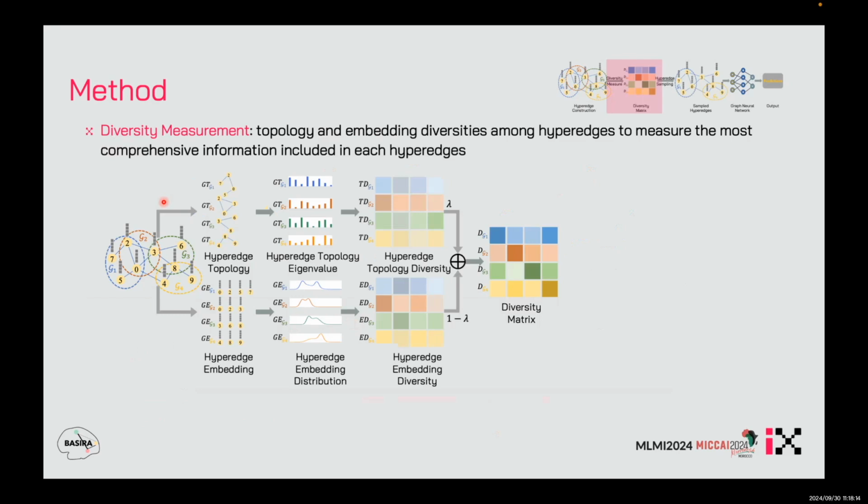So we introduce a diversity measurement to find the most diverse subgraphs among the partitioned subgraphs. We calculate the topology eigenvalue diversity and also the embedding distribution diversity to measure the overall diversity.